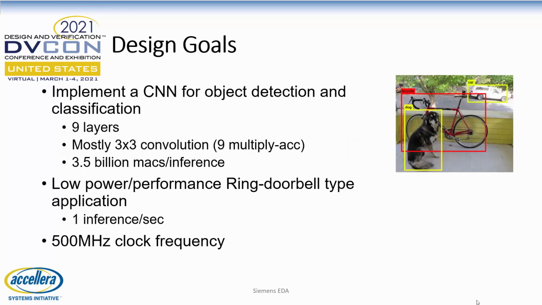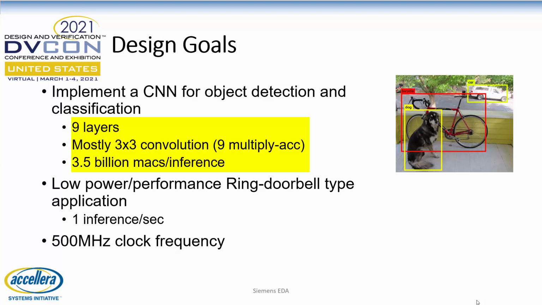The design goal for this example is to implement a convolutional neural network for object detection and classification. This convolutional neural network will have 9 layers, and most of the convolutional layers will be performing a 3x3 convolution, which means that each 3x3 convolution requires 9 multiply accumulates.